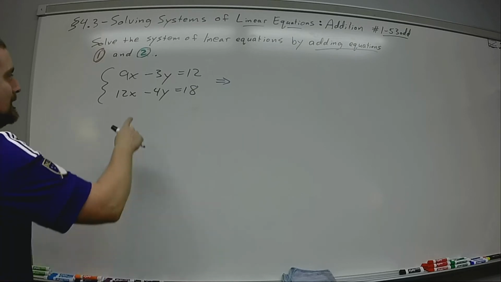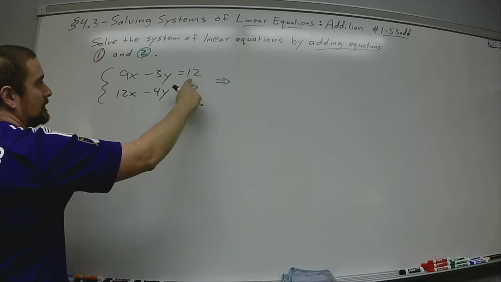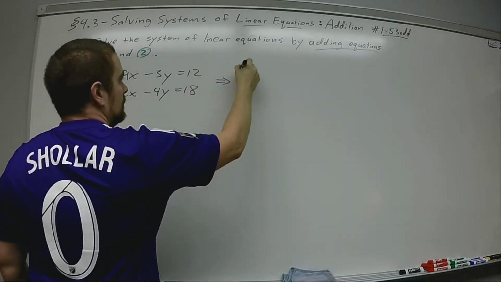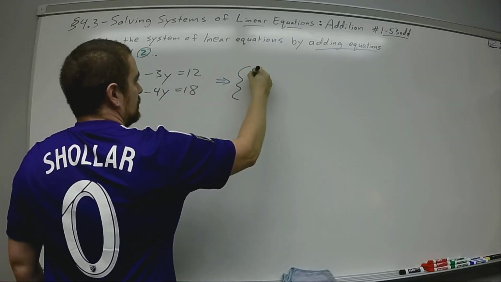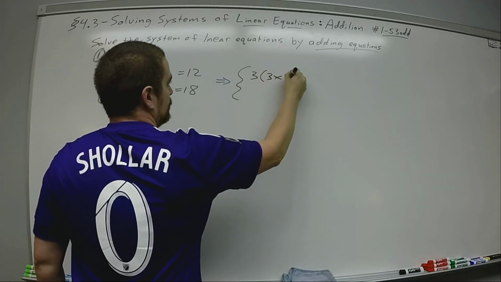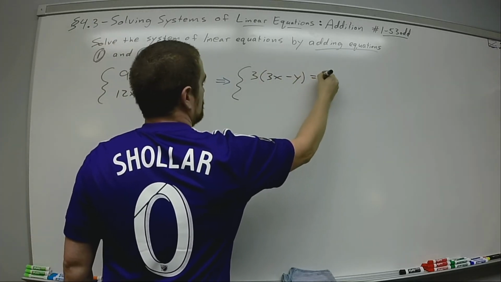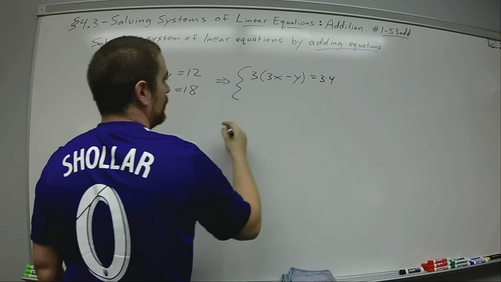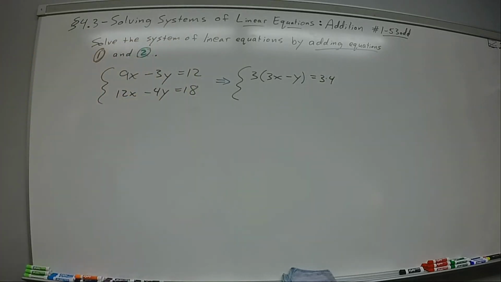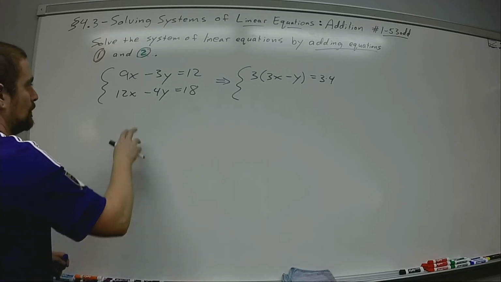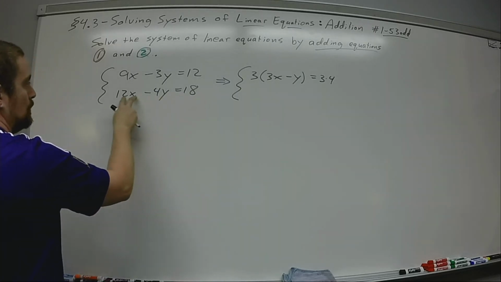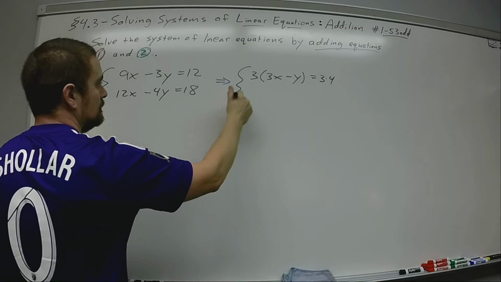So what we're looking at in terms of this first equation is 3 times 3x minus y is equal to 3 times 4. So notice there's like an extra multiple of 3 in there. Same thing in the second equation. Every single one of these has a common factor of 2.